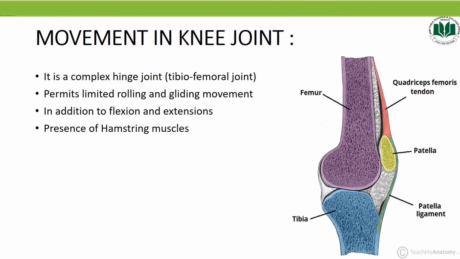The muscles that are responsible for the movement in the knee joint are called hamstring muscles and quadricep muscles. First of all, what do you mean by hamstring muscles? Hamstring muscles are basically a group of three muscles found in the posterior region of the thigh and responsible for the flexing of the lower leg at the knee.